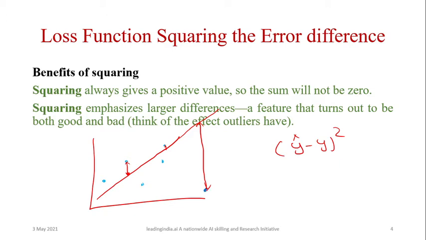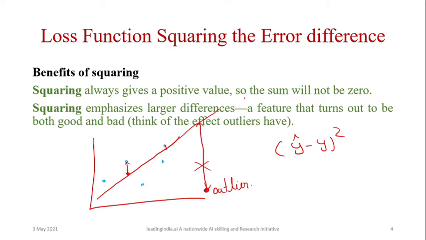So this one single data point, that is your outlier, is impacting this prediction the most, and this is the problem of squaring as well, right? The benefit is there if you do not have this outlier, but if you have an outlier, you need to take care of it separately. So you have to think about outliers before applying squaring in the error.